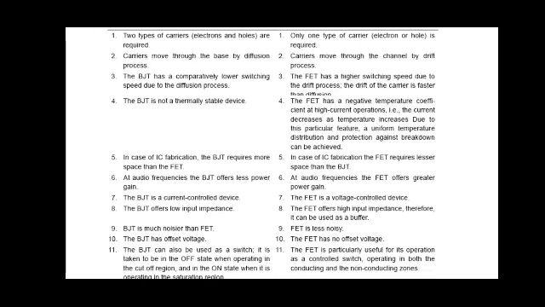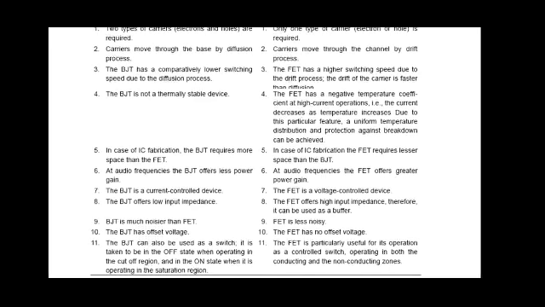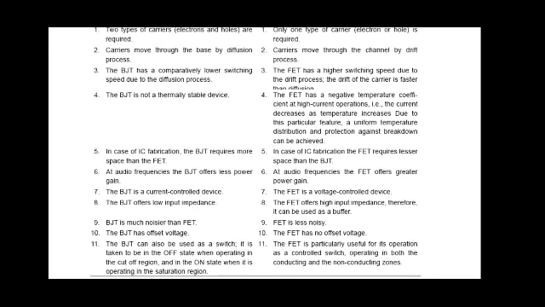Okay. Next comparison is BJT is much noisier than FET. In BJT you are having much noise, whereas FET is having less noise. Why do you have more noise in BJT? In BJT there are two charge carriers, both electrons and holes, participating in current conduction.